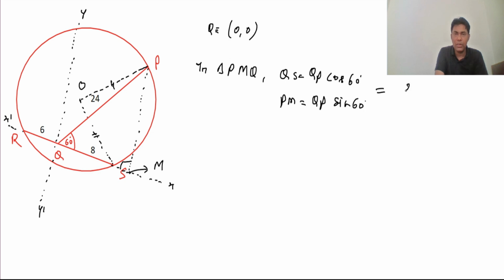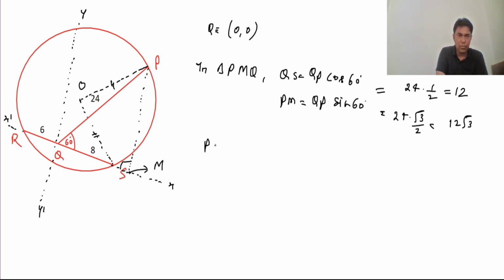QP is 24 units and cos 60 degrees is 1 by 2, that means 12 units. Similarly, QP sin 60 degrees is 24 times square root of 3 divided by 2, that becomes 12 square root of 3.